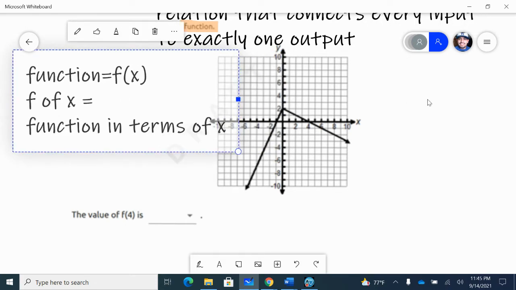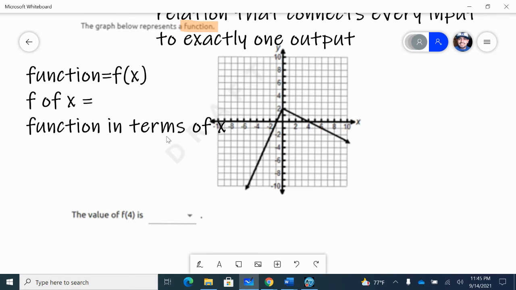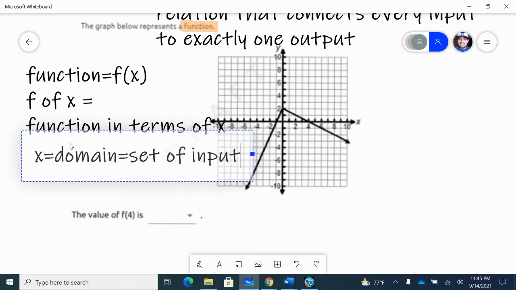So f of x, pronounced f of x, is a function in terms of x. We get the output by taking our input and getting the situation. We're given f of 4. This x is our input. A function in terms of x, adding some more detail here: x is the domain, which is the set of inputs.